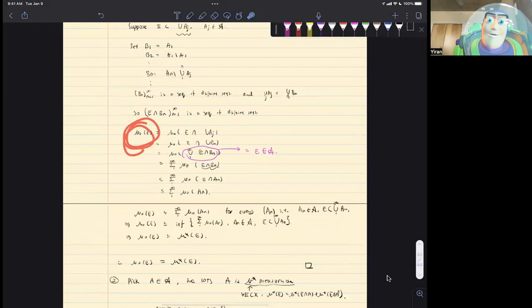So mu naught of E, you write this on the left hand side, and it is equal to this, right? And you can rewrite this because those unions are equal.